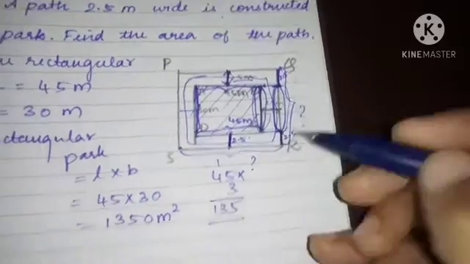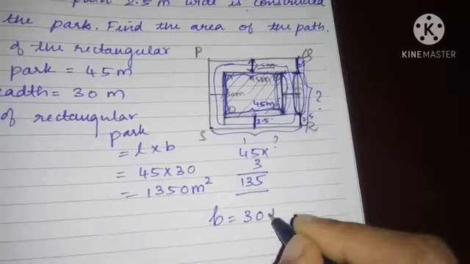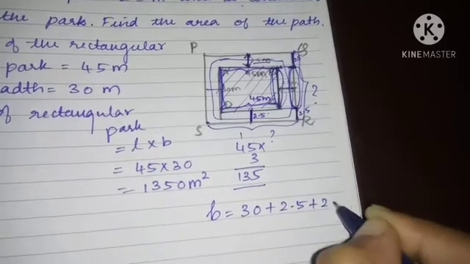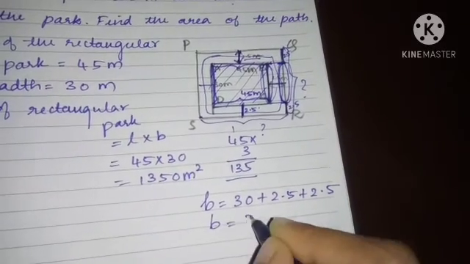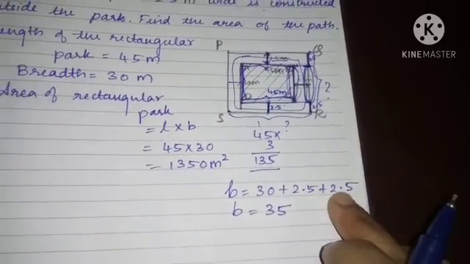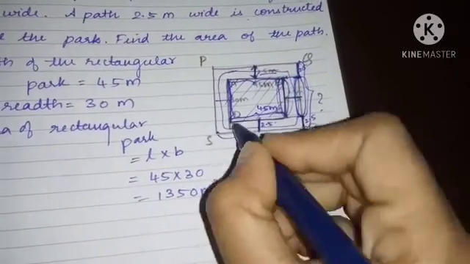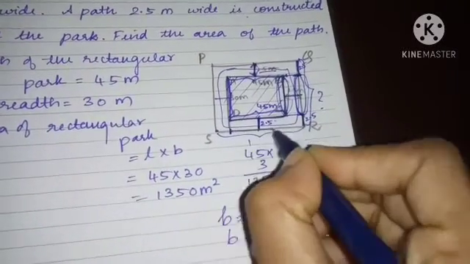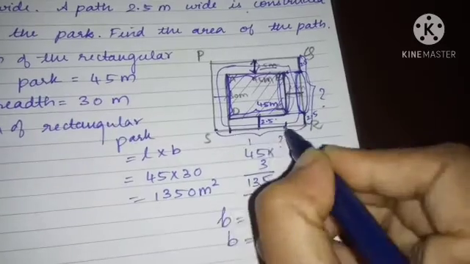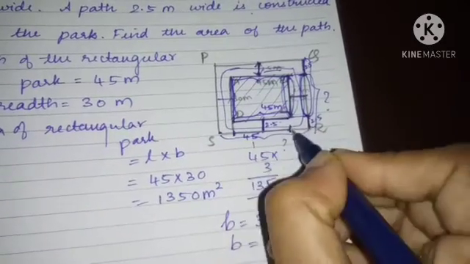So what is the breadth here? Breadth is 30 plus 2.5 plus 2.5, so breadth is equal to 35. Length likewise: from this to this it is 45.